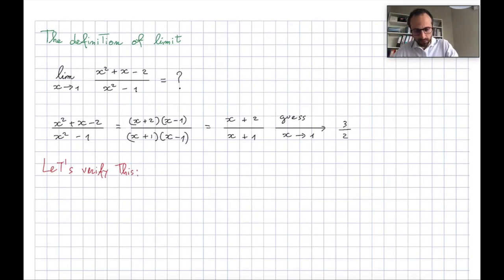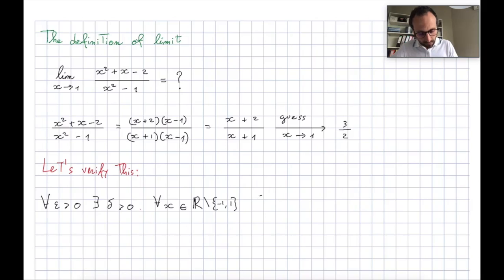So the first thing to do is to write down the definition of limit. This is quite technical, but let's do it. For all epsilon positive, possibly very small, there exists delta positive, so that for all x in the domain of f excluded 1, and now the domain of f is R excluded minus 1 and 1, so the point 1 is already excluded, we have the following.